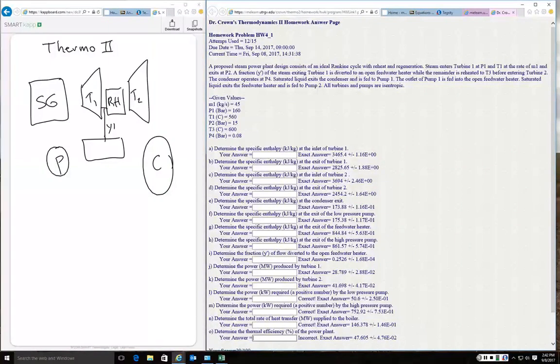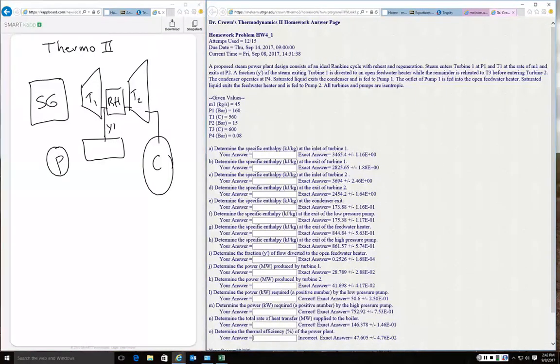We keep reading that the remainder of the steam is reheated and enters turbine 2, and then no other mention of any other equipment at this point but a condenser, so we'll assume that comes from turbine 2 into the condenser.